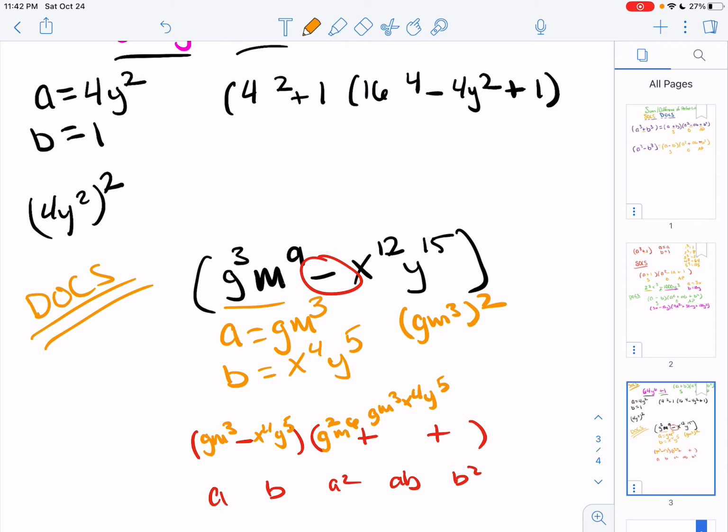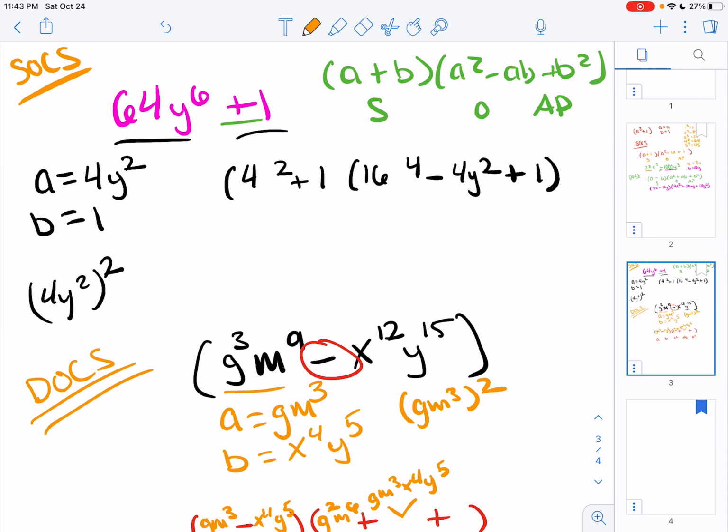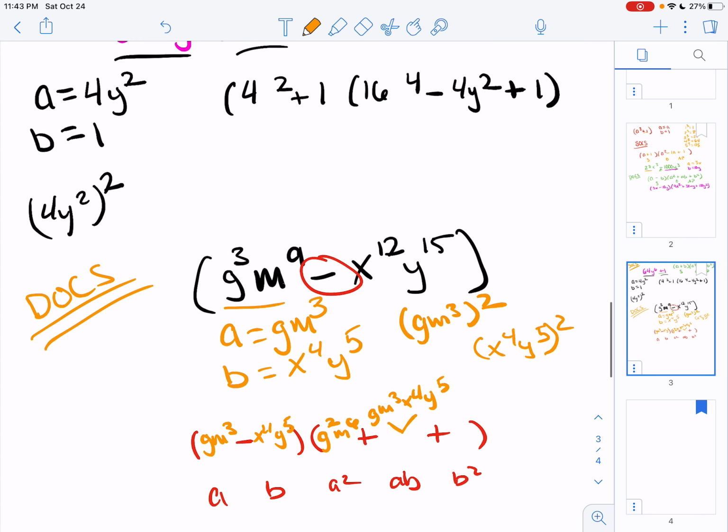A little bit gross, but that is what's going to go in there. And then we have B squared. So that is x to the 4th, y to the 5th squared. So multiply the exponents. So 4 times 2 is 8, so I have x to the 8th. And then 5 times 2 is 10, so it's y to the 10th.